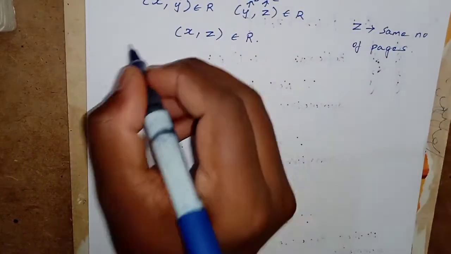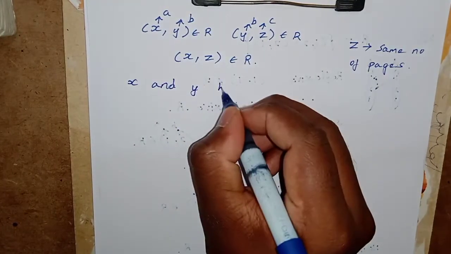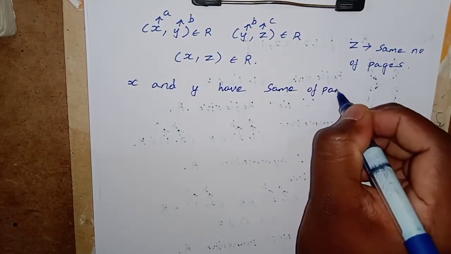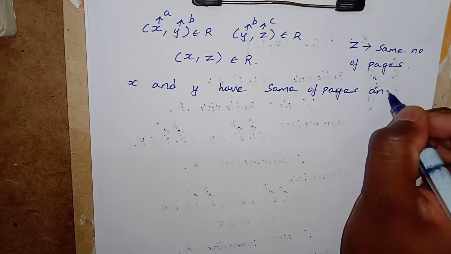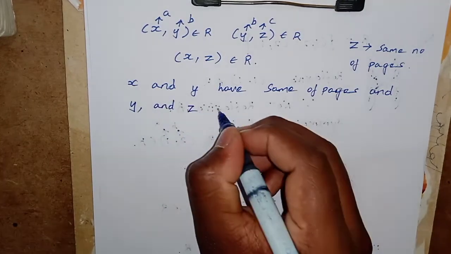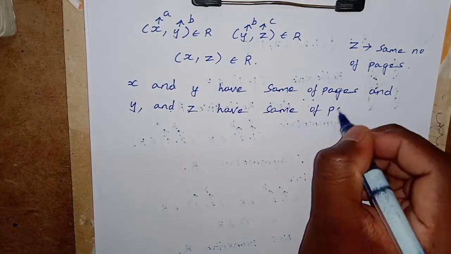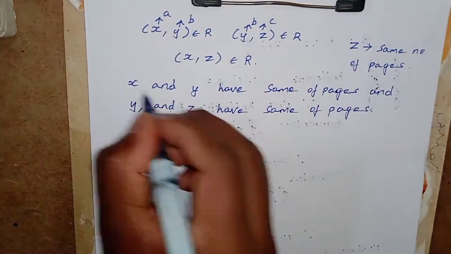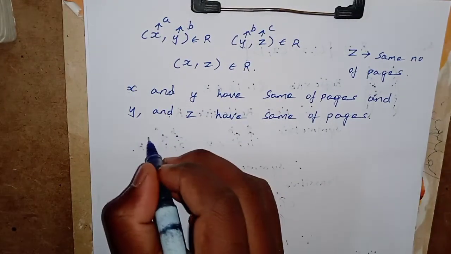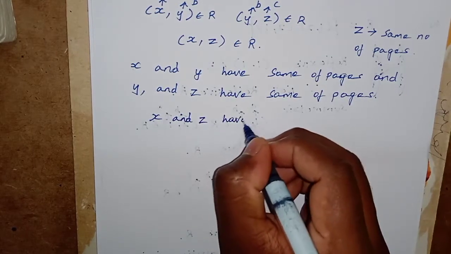See here, you have to write x and y have the same number of pages, and y and z have the same number of pages. Finally, if x and y have the same number of pages and y and z have the same number of pages, therefore x and z also have the same number of pages.